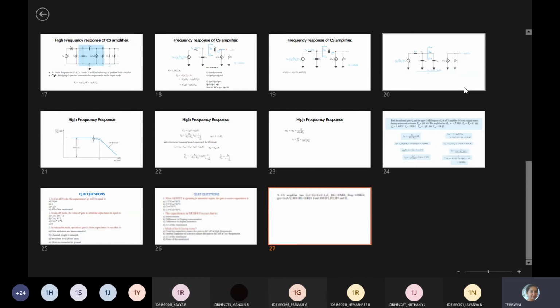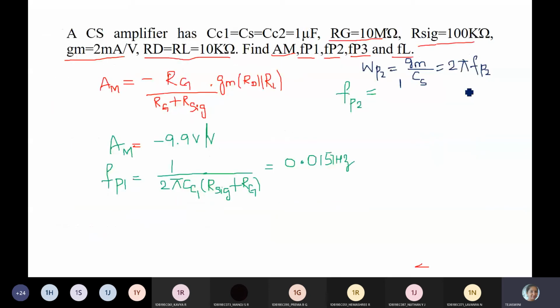FP2 is GM by 2 pi into CS. Yes. Find out how much.